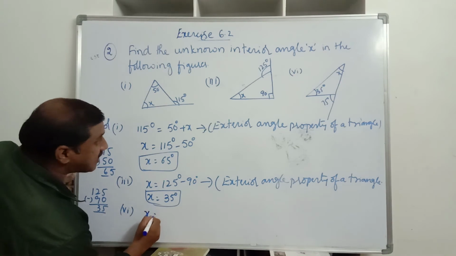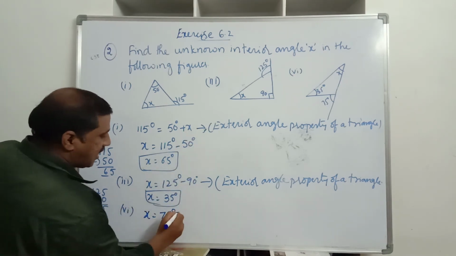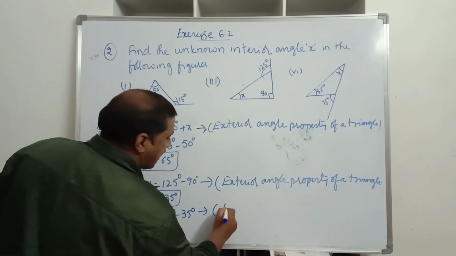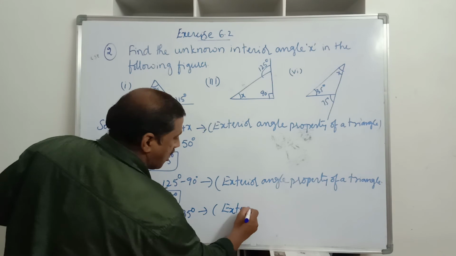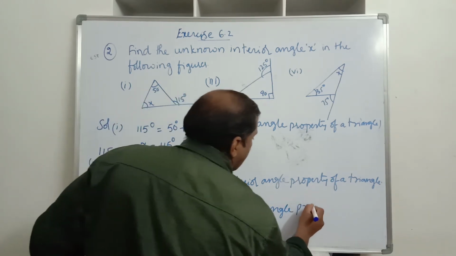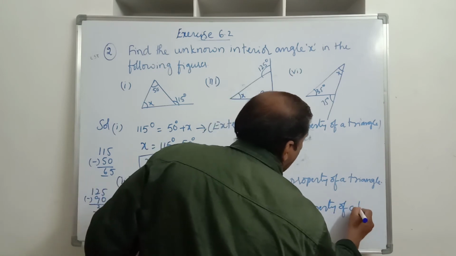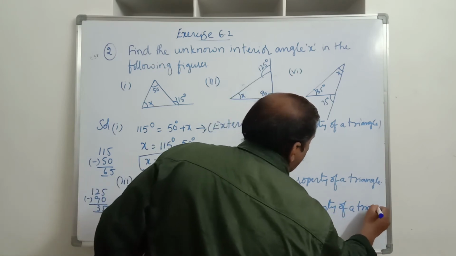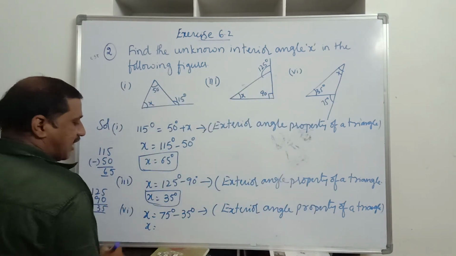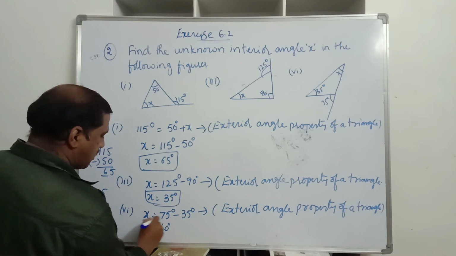So x is equal to the exterior angle 75 minus the interior angle 35 degrees. Again, this is the exterior angle property of a triangle. Now x is equal to 75 minus 35, which is 40 degrees.